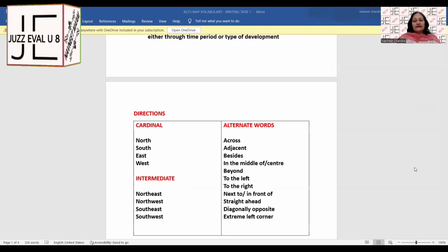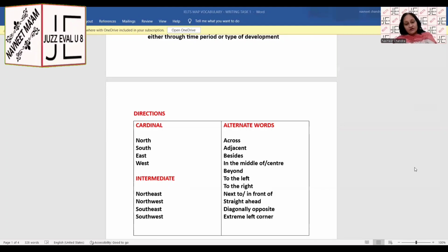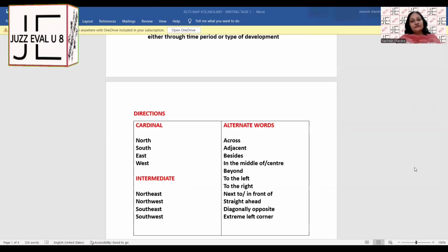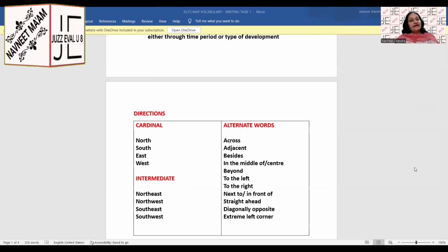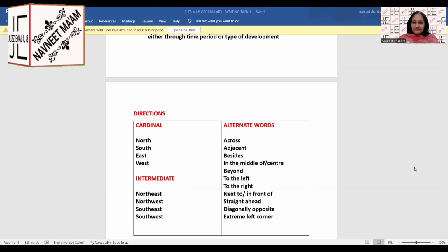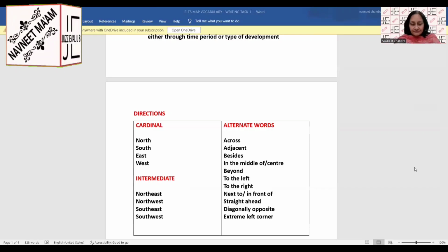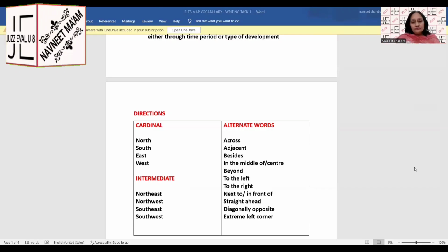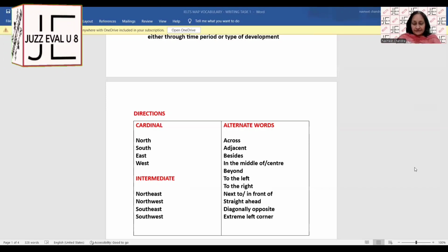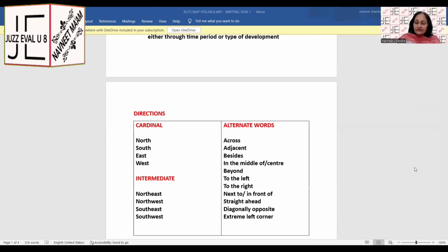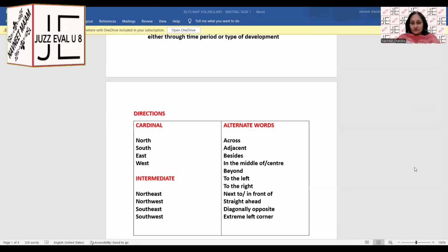Like you can say extreme left or extreme right corner, or to the left, to the right, across, adjacent, besides. So there's so many. Diagonally opposite. So you should know how to use these words. So these are all words that are alternately used for showing directions.